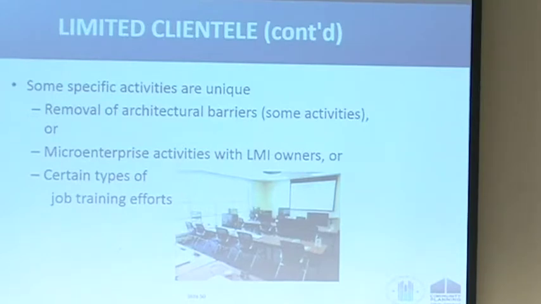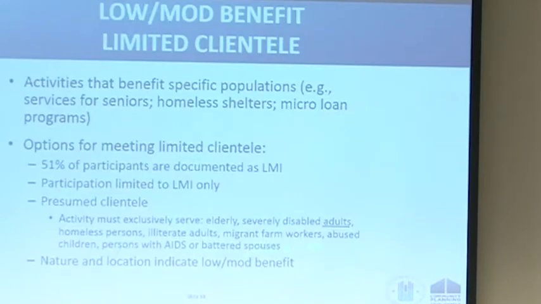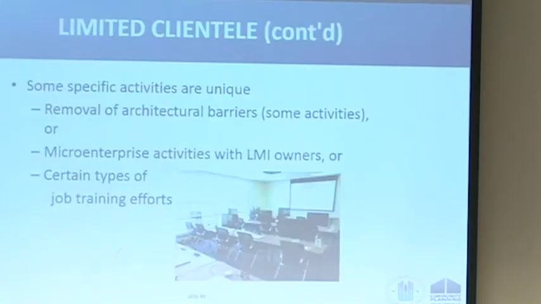Okay, so when we talk about ADA improvements, that happens to be one of the presumed clientele, severely disabled adults, right? So when we are doing such improvements, we will make it eligible under the LMC, low mod clientele, because of the presumed low mod category of severely disabled adults. Now, the trick becomes how do you report beneficiaries, okay?